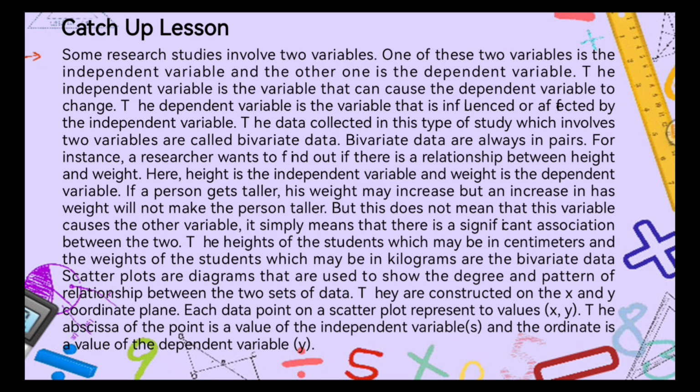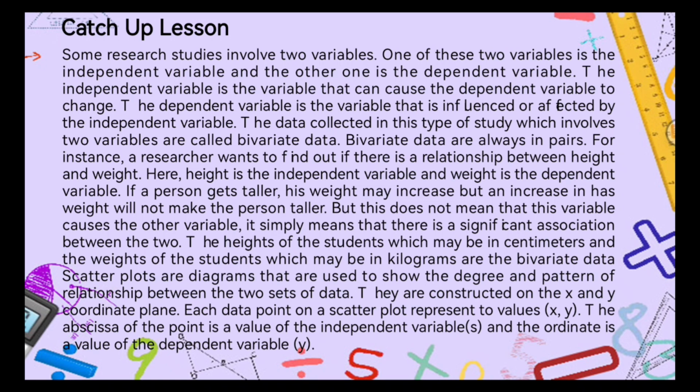But this does not mean that one variable causes the other variable. It simply means that there is a significant association between the two. The heights of the students, which may be in centimeters, and the weights of the students, which may be in kilograms, are the bivariate data.